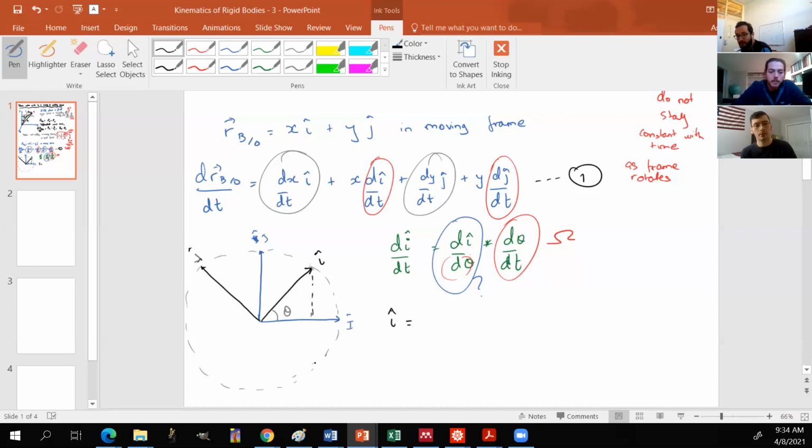Remember, this is the unit vector circle, right? This is the unit circle. So the length of this little i hat is how much? It's just one, right? It's 1 unit. So knowing that that length is 1 unit and this angle is theta, what is the component in the big I hat direction?